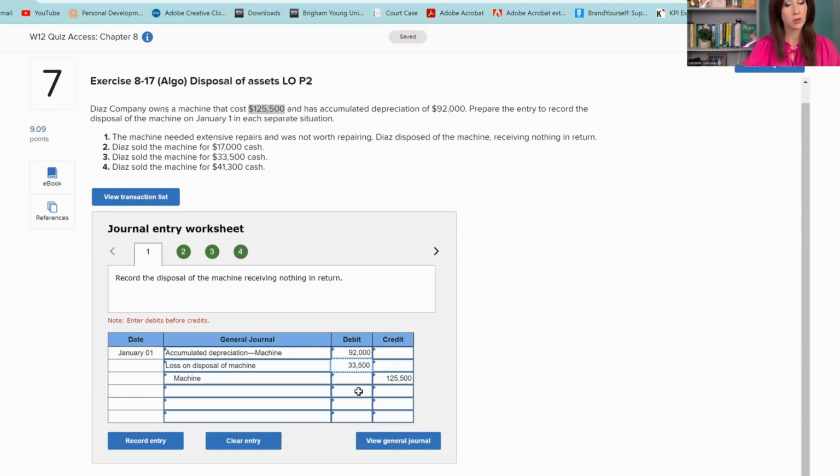Now, I noticed this, but I don't know if you noticed this. There's the same amount up here in number 3. So I noticed that and realized, oh, I'm probably going to have a break-even point with number 3 if I'm doing it correctly, because it matches this amount of depreciation. Just a side note. Number 2, we're going to do the cash first. We're going to do the accumulated depreciation.